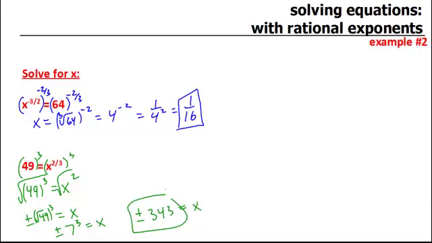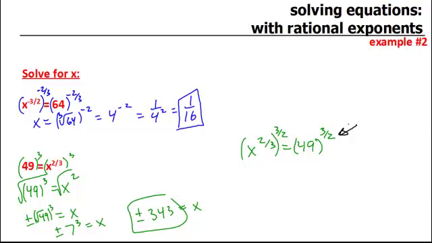Now, if you were solving this straightforward, and you take the reciprocal power, 3/2, what you have to be sensitive about is when you take a reciprocal power and the even number is in the denominator, that is extracting a root.